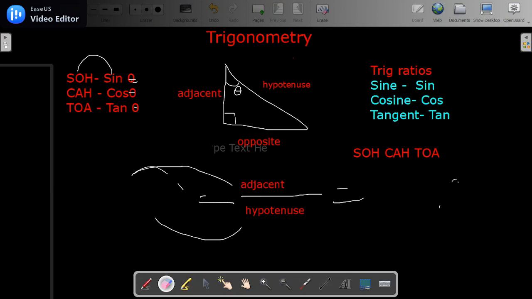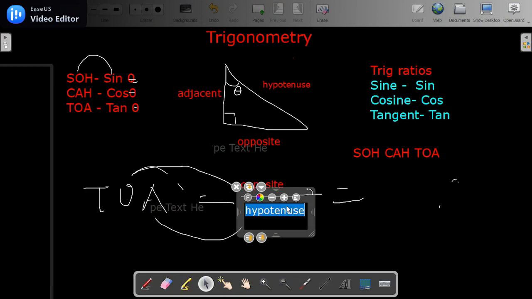So for tan, what do we have? For TOA, the O here stands for what? You should know that, opposite. While the A here stands for adjacent.